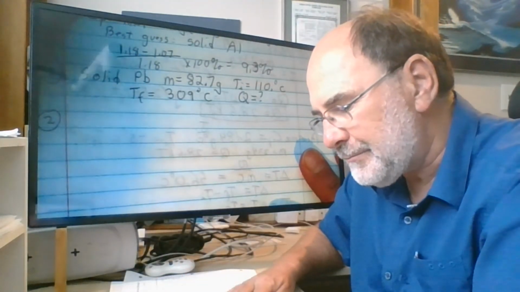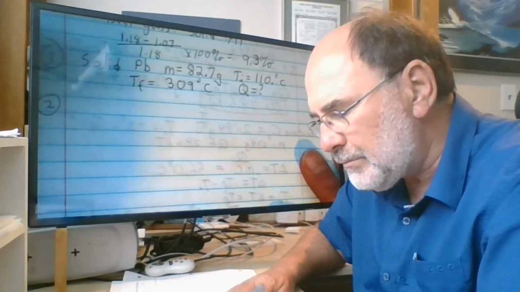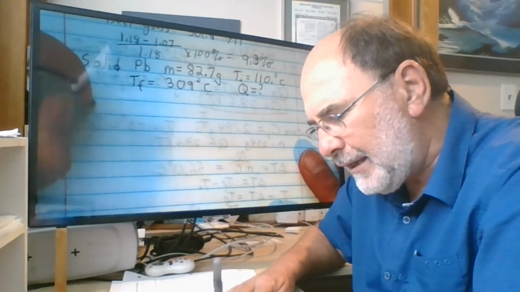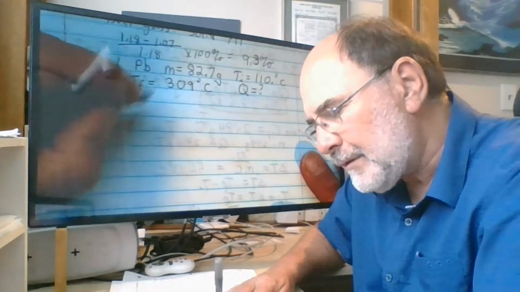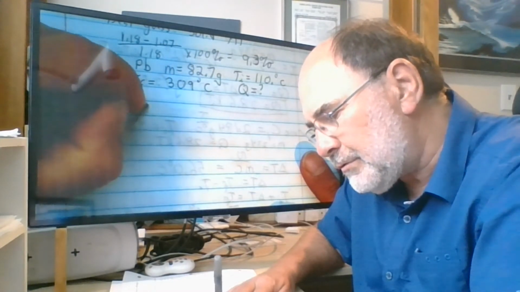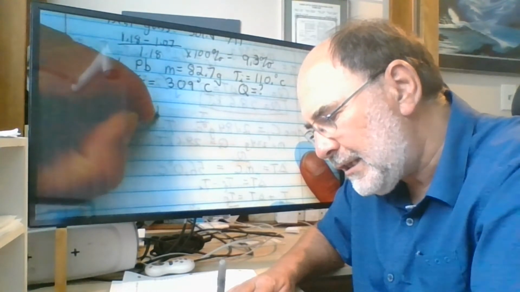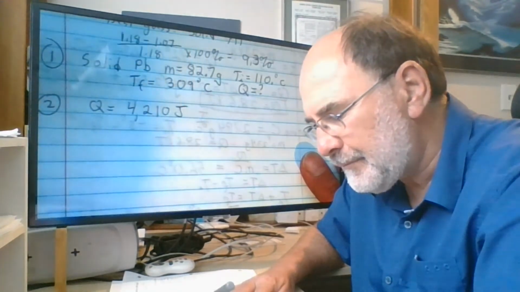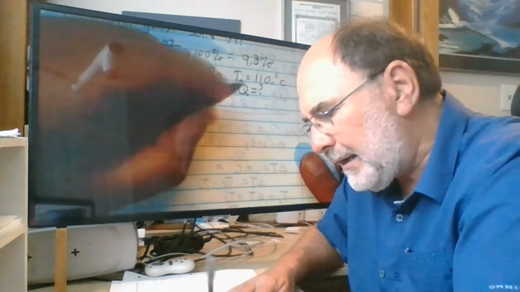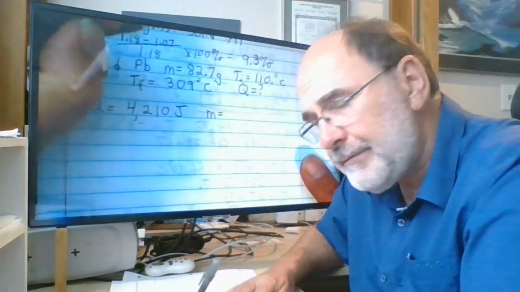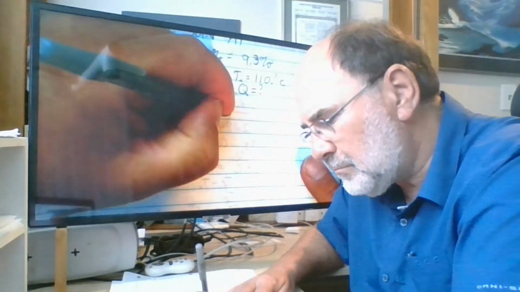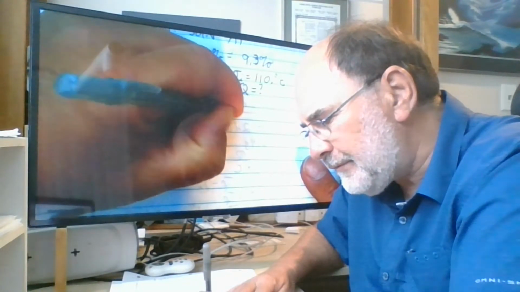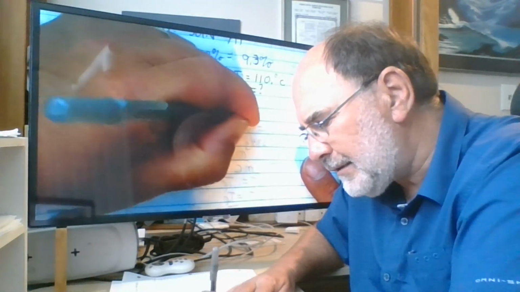This time, let's solve for the change in temperature. So this time I have a heat energy in the amount of 4,210 joules. I have a mass of 159 grams.